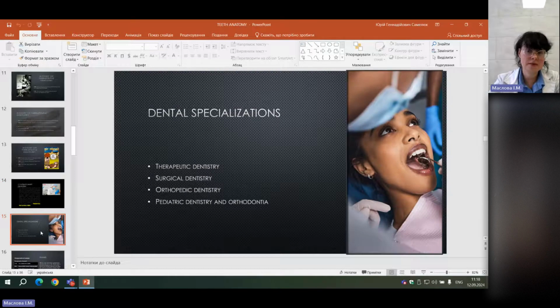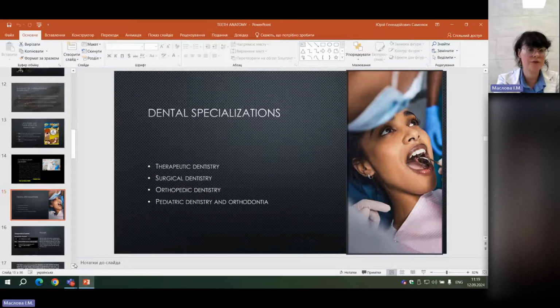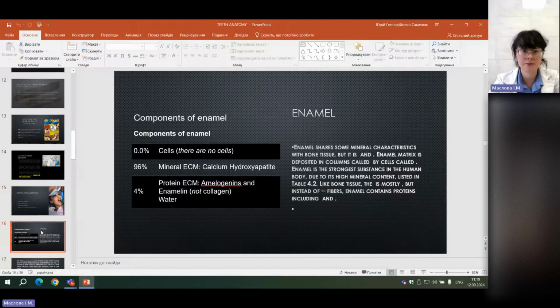What about the dental specialization? Therapeutic dentistry, surgical dentistry, orthopedic dentistry, pediatric dentistry, and orthodontia. These are the main branches of dentistry, and the main specializations of dentistry.